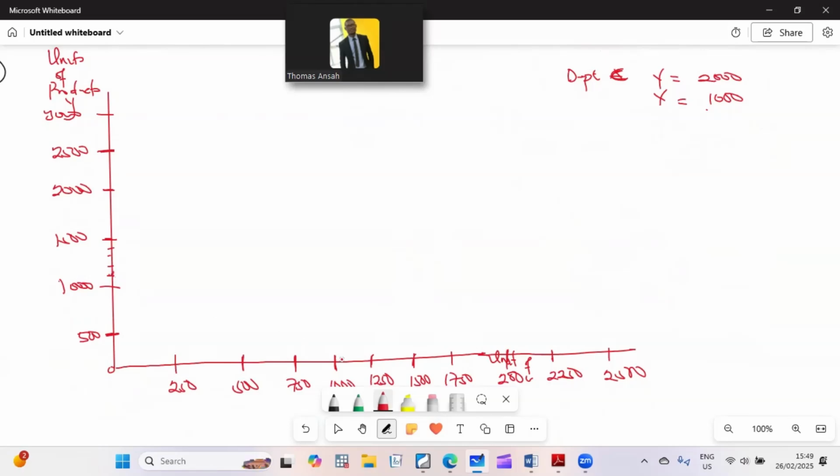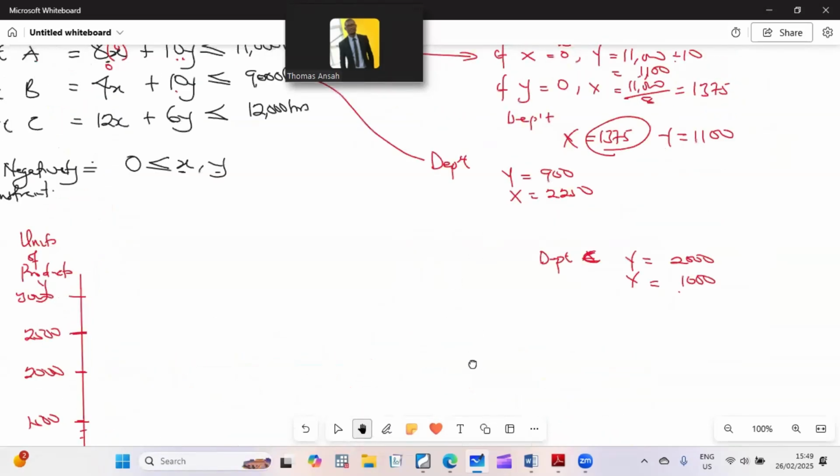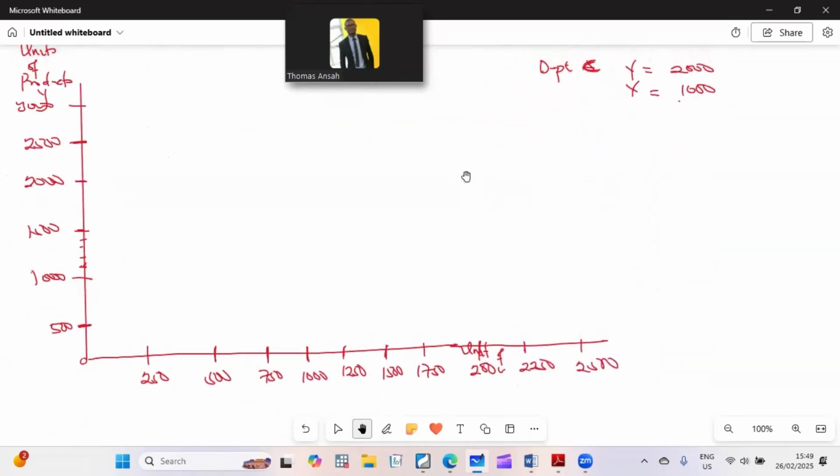And 1,100 versus what? 1,375. So that one will be around this range. Okay, so something around here. So I can now plot the line from this point to this. Like I said, in an exam, nobody is going to let you draw this kind of graph. My line is dancing.